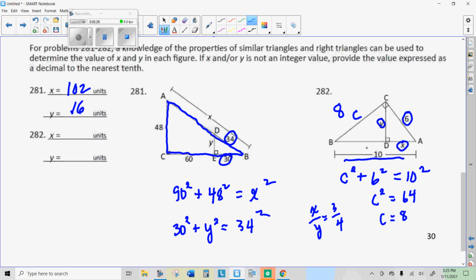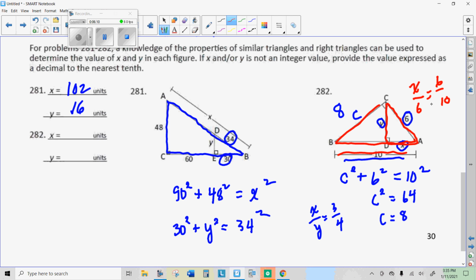So you can use that to help you find it, now that we know that c is 8. All right, so here, let's use these two. If I use from this triangle the x and the 6, that ratio needs to be the same as the short side on this big triangle, which is 6, over the long side, which is 10.